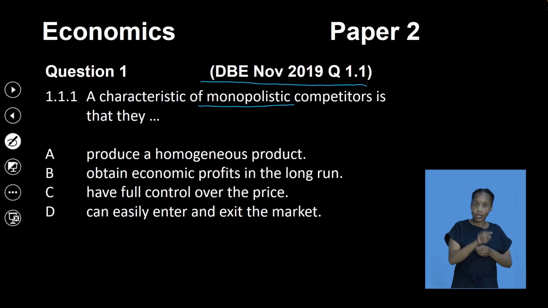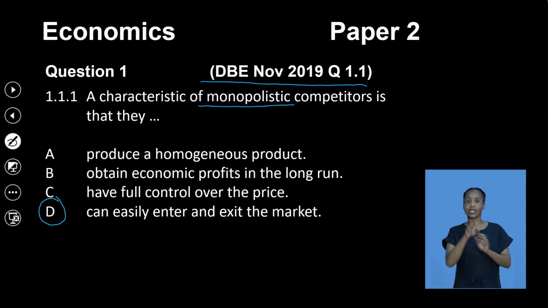A says they produce a homogeneous product. B says they obtain economic profits in the long run. C says they've got full control over their price. And D says they can easily enter and exit the market. So our answer there is D. They can easily enter and exit the market.